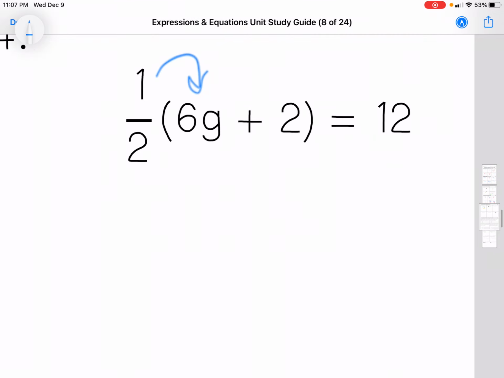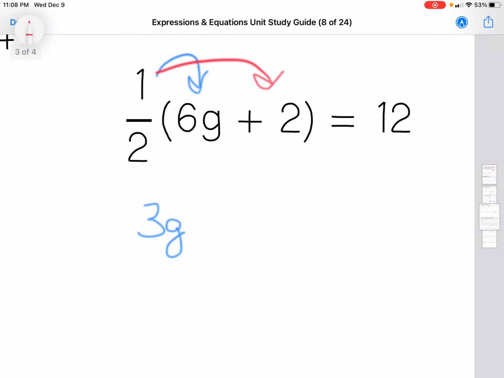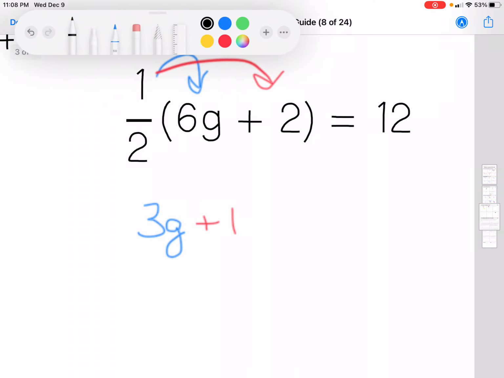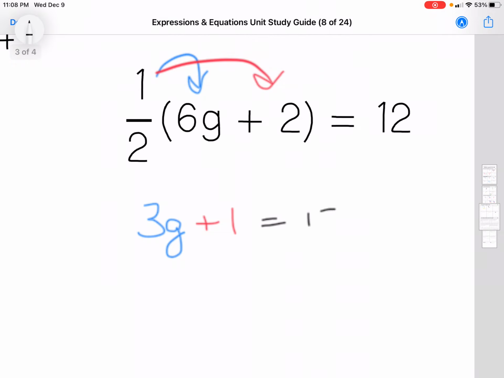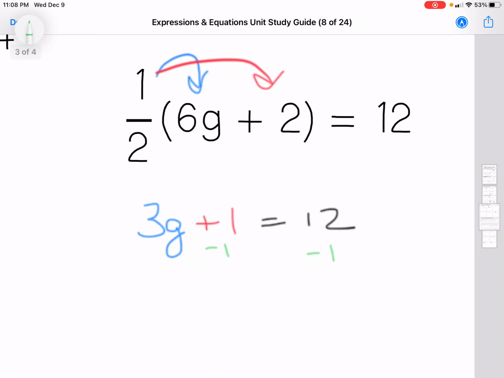Distributive property, 1/2 times 6g is 3g. 1/2 times positive 2 is positive 1. Didn't touch the 12 yet, so I'm going to bring it down. Subtract 1 from both sides. 3g equals 11.